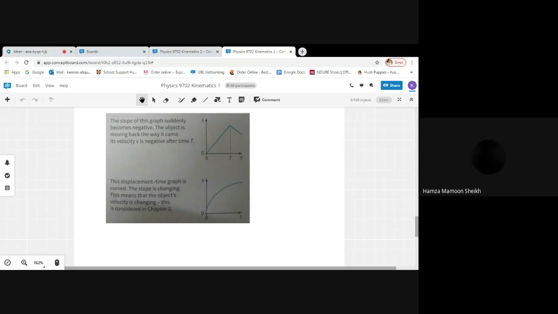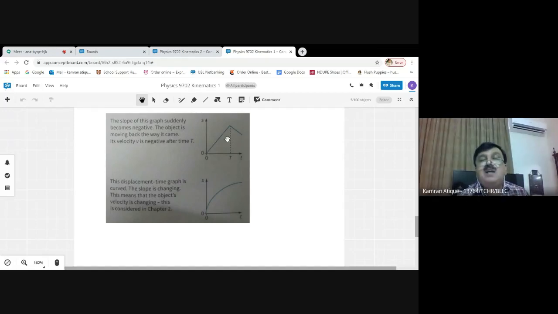Okay, so that's why your examiner is saying that this particular line is a positive gradient line and this particular line is a negative gradient line, because whenever the data of such lines is used to calculate the gradient, we'll always obtain negative values. So that's why such lines are called negative gradient lines. Okay, Hamza?